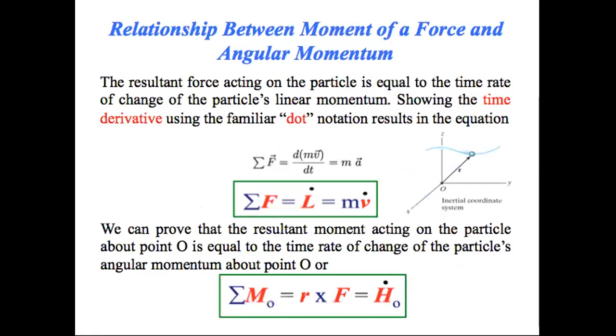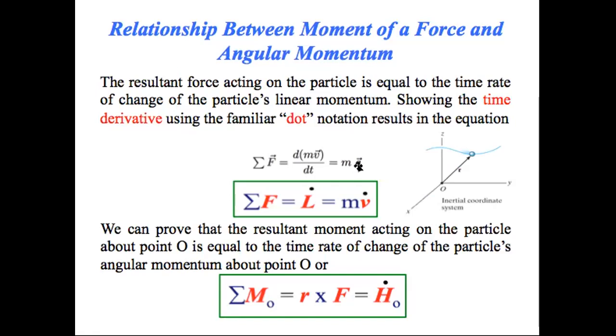Relationship between moment of a force and angular momentum. Consider a particle of constant mass m moving in an inertial frame as shown in this figure. Newton's second law applied to the particle states that the resultant force equals mass times acceleration.